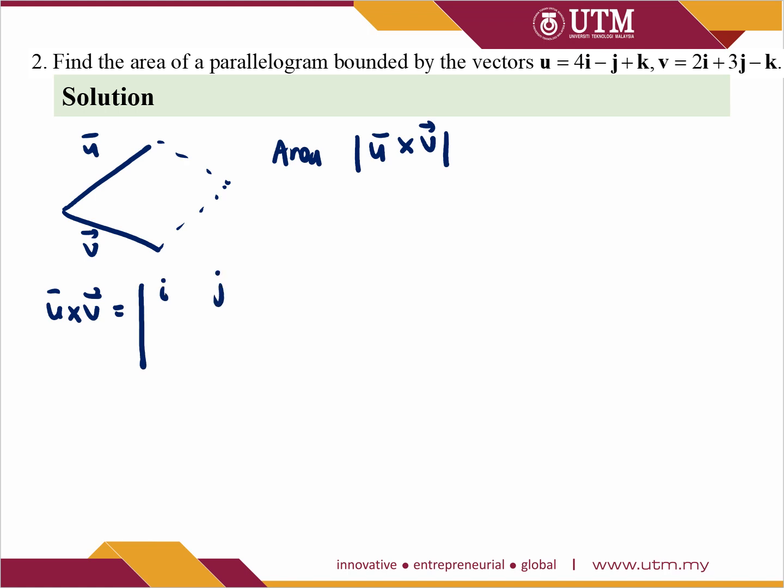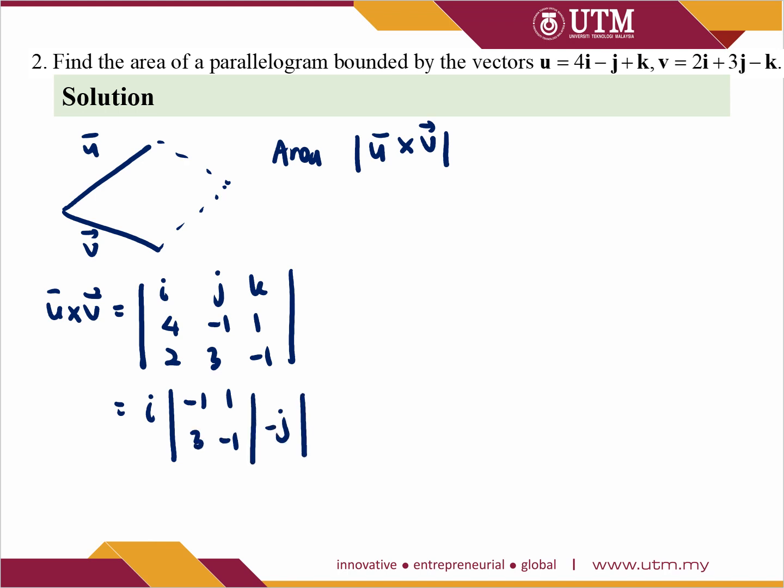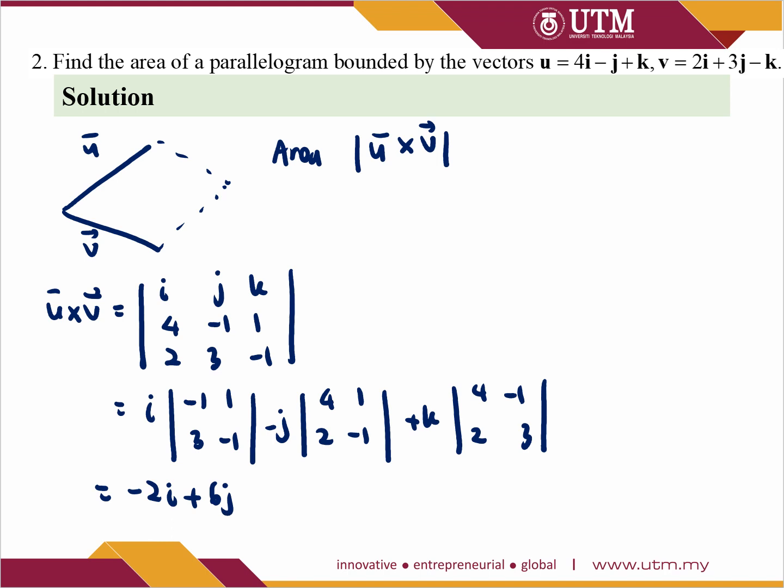So i, j, k, 4, negative 1, 1, 2, 3, negative 1. So for i, it will be negative 1, j is minus j, and for k, right. So now we can solve this. 1 minus 3, negative 2i, minus 4 minus 2, plus 6j, 12 minus negative 2, plus 14k.